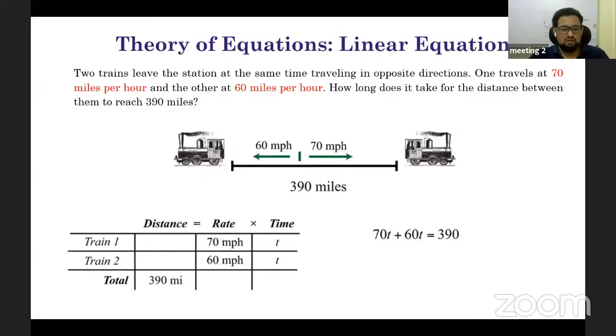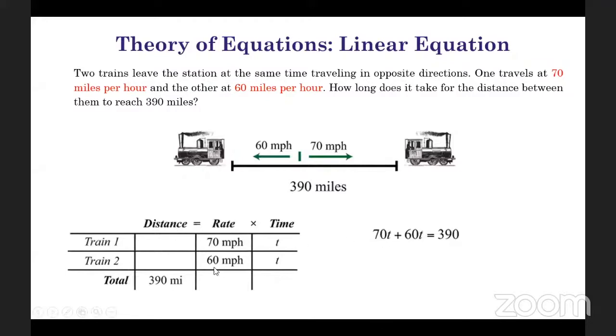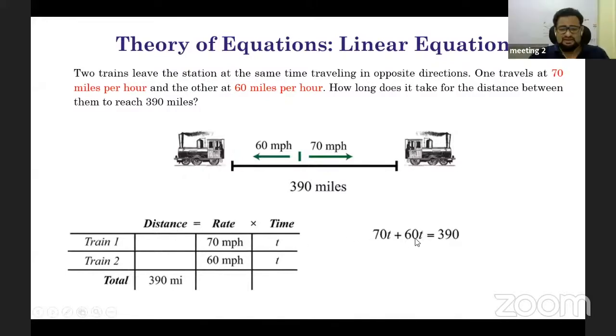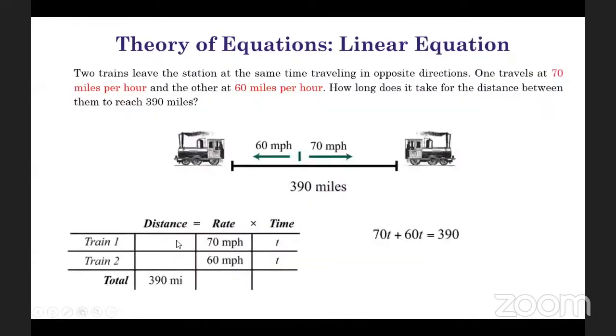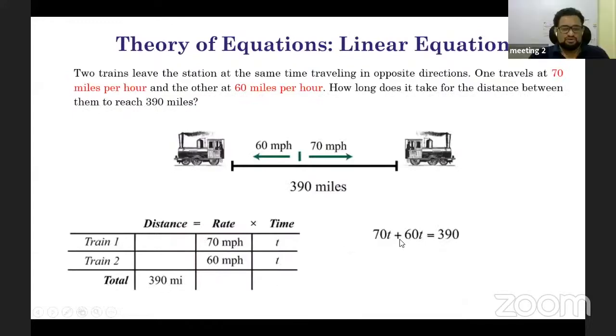The distance traveled is 70t plus 60t equal to 390. Simplifying, 70t plus 60t becomes 130t equal to 390, so t equals 3.